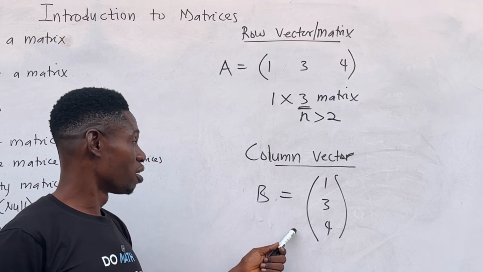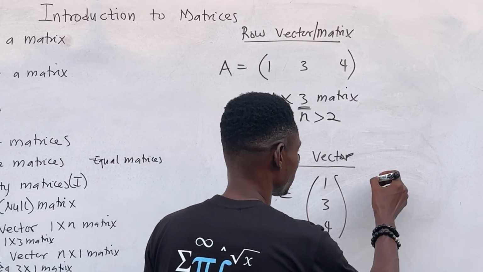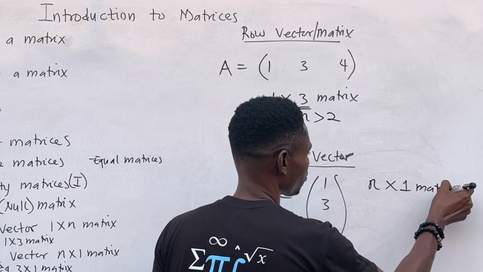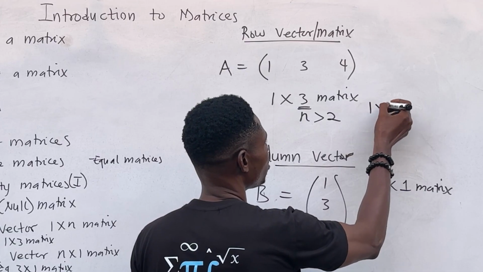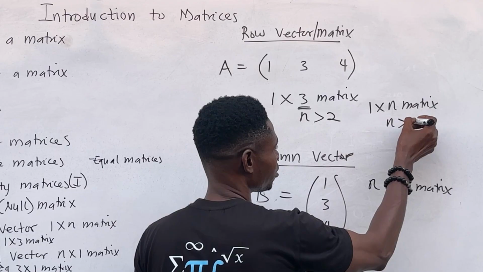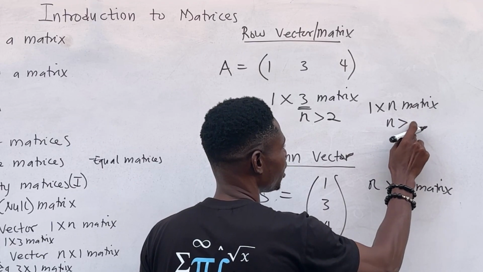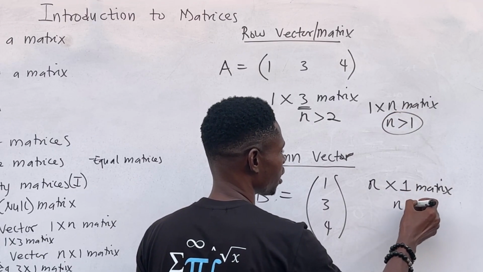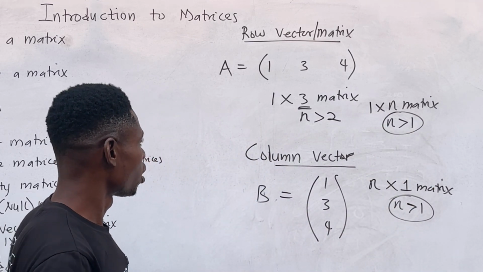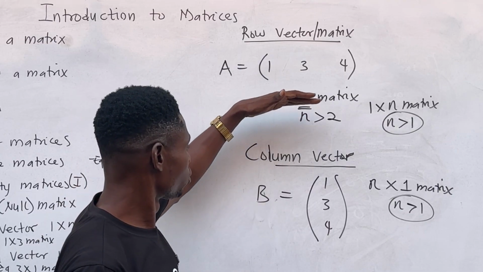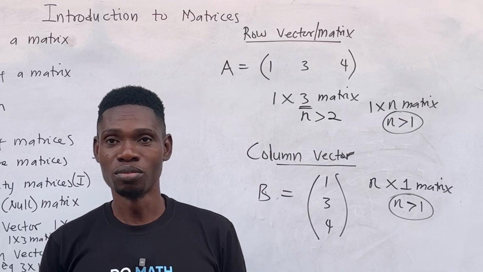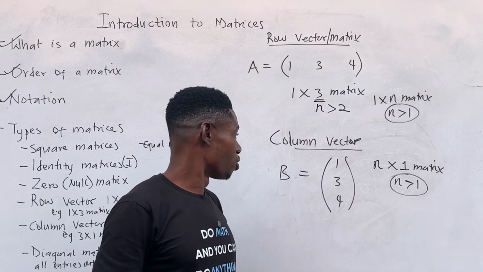So this is an n by 1 matrix, where n is greater than 1, so 2 or more rows in this case, compared to 2 or more columns in the row case. Okay, so that's the column vector and the row vector.